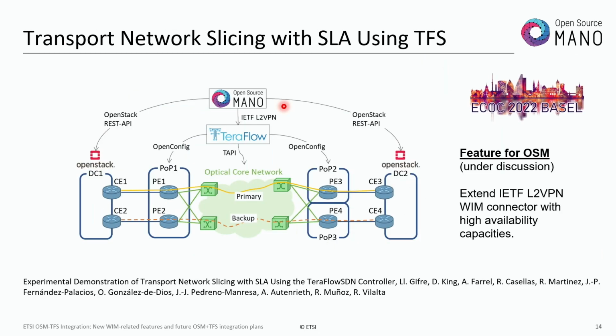And then at ECOC 22, we did an evolution of this experiment where we addressed how to establish redundant paths between a couple of data centers in order to provide high availability in the connection. That way, we provide some form of SLAs for the connectivity service between the sites.